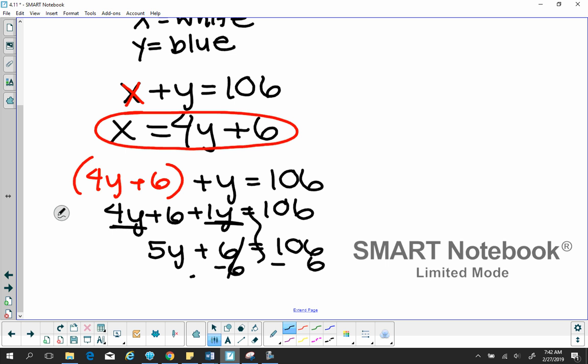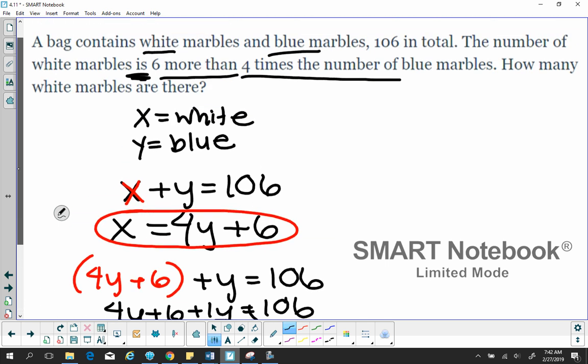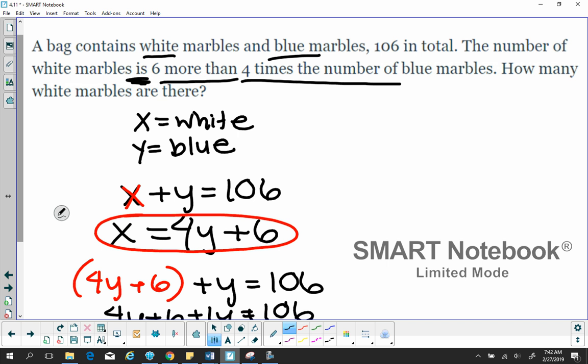So you end up getting 5y equals 100. Divide by 5. And you end up getting y equals 20. What's the question asking for? How many white marbles are there? What letter? See, they're only asking for white. And that's why a lot of people mess this Delta Math up. What is it, X or Y?